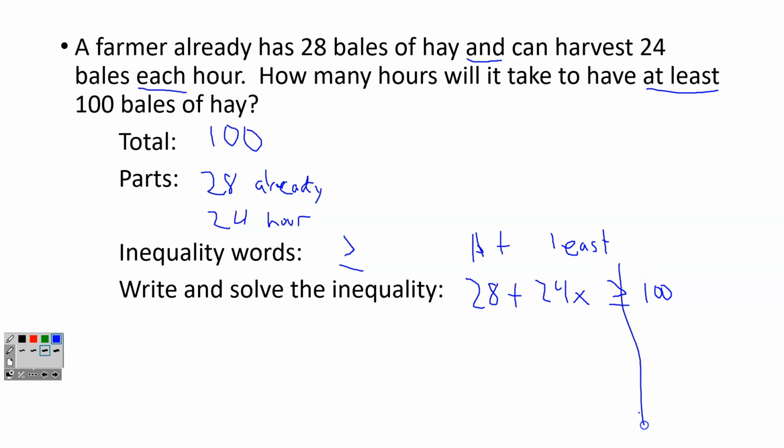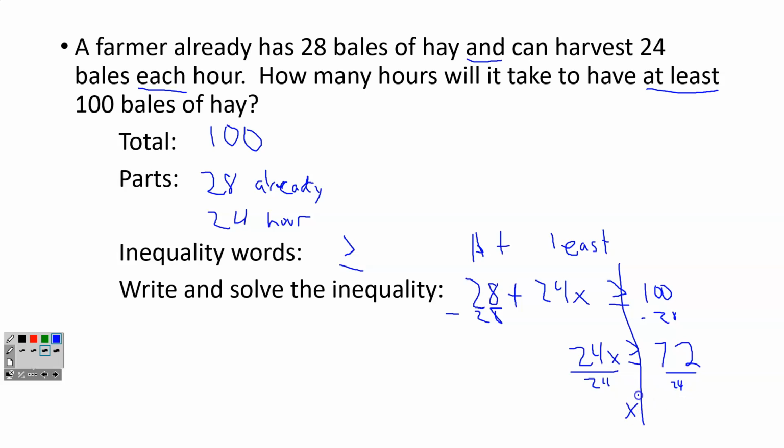To solve it, I'm going to draw my fence, subtract 28 from both sides. That's going to give me 24x is greater than or equal to 100 minus 28, which is going to give me an answer of 72. I'm going to divide both sides by 24.